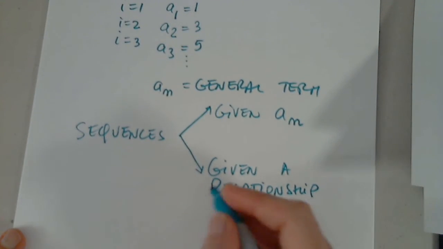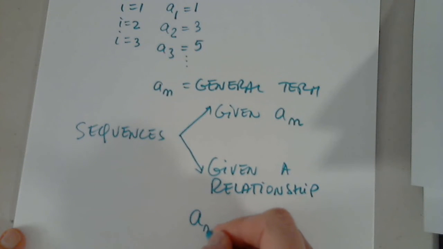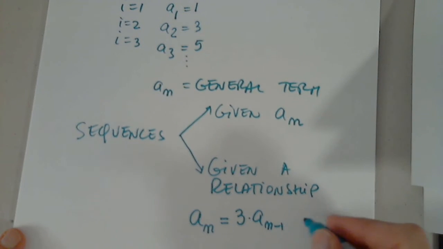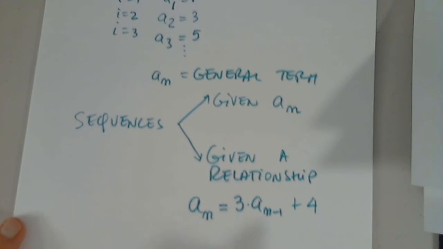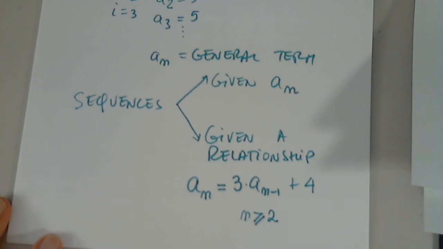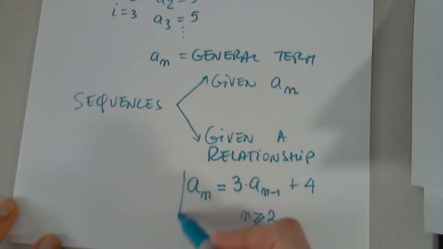For example, a sub n equals 3 times a sub n minus 1 plus 4 for n greater than or equal to 2, or greater than or equal to something else. So this is a relationship.